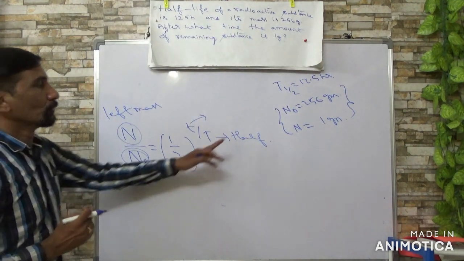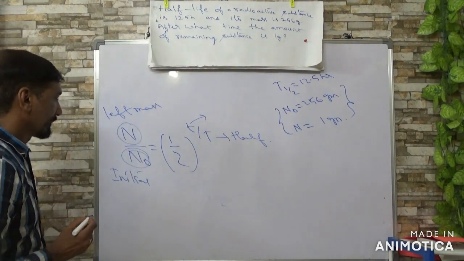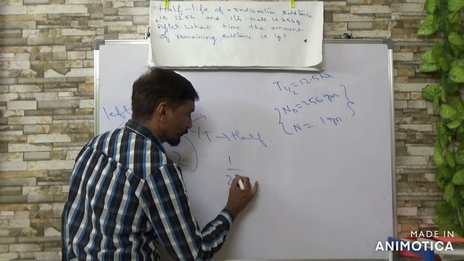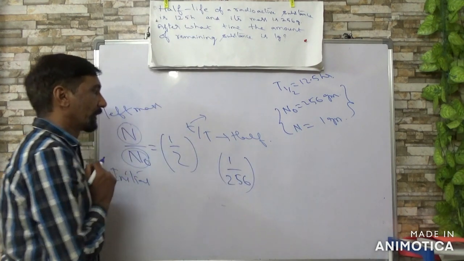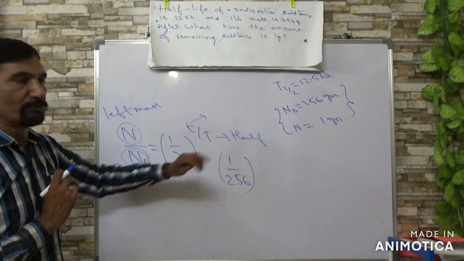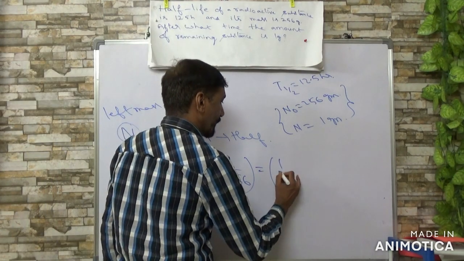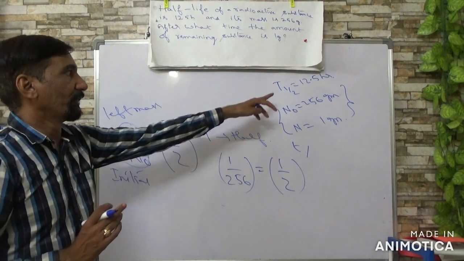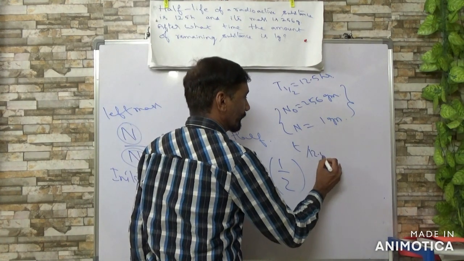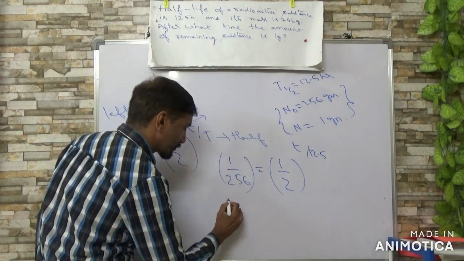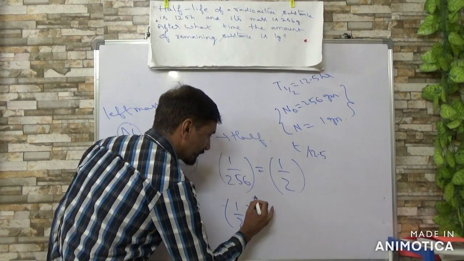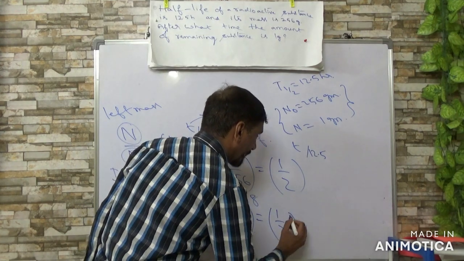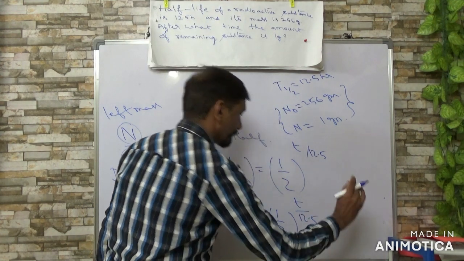So here 256 is initial and final is 1, right? So you can take directly 1 by 256. Initial 256, left 1, that is equal to 1 by 2 power t, the allotted time you want to find. The half-life is given as 12.5 hours. So this 1 by 256 you can also write as 1 by 2 power 8, which is equal to 1 by 2 power t by 12.5.